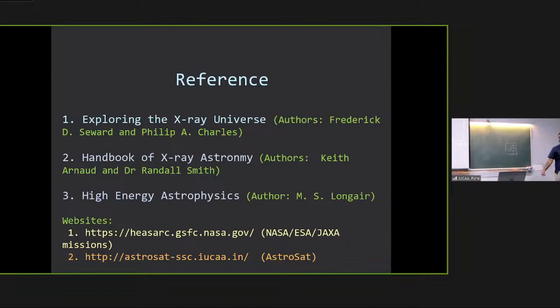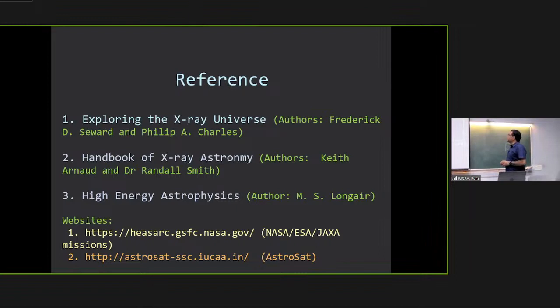But this book is really nice for a first read. As the title suggests, Exploring the X-ray Universe, it actually talks about a lot of things in X-ray astronomy, different kinds of sources, technology, etc., with very recent things as well. So if you are really interested in X-ray astronomy, this should be the first book to read and know about the X-ray universe.